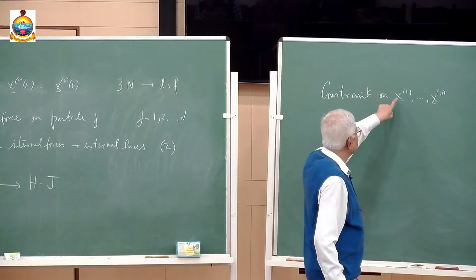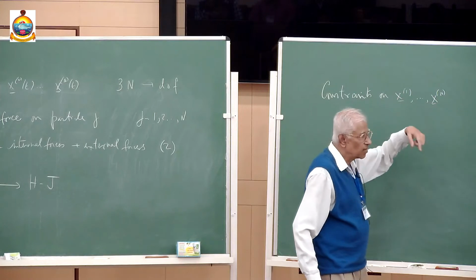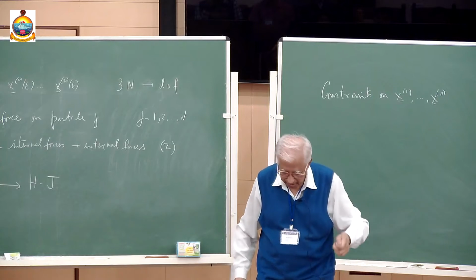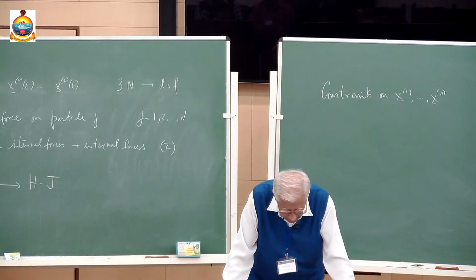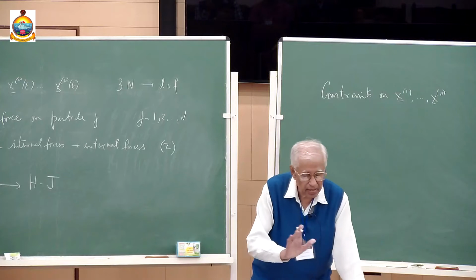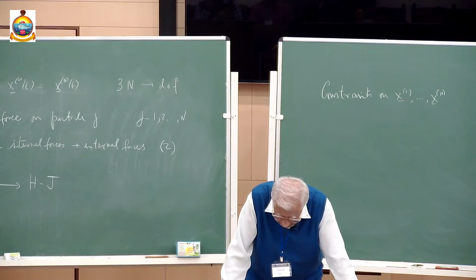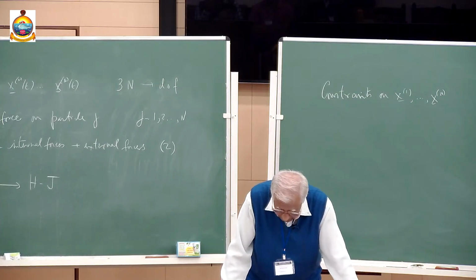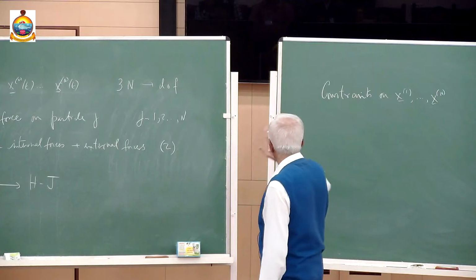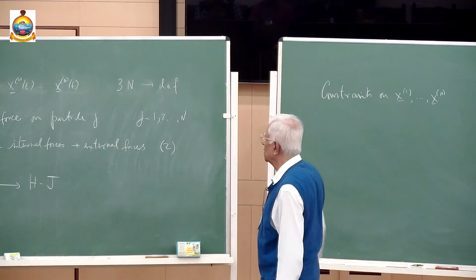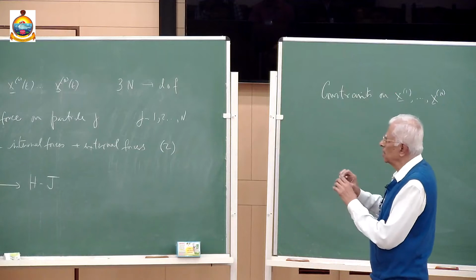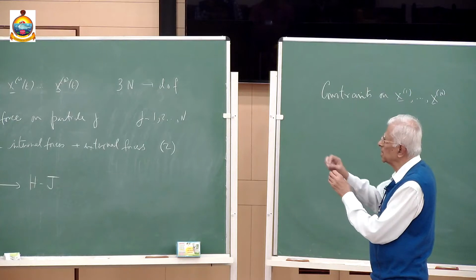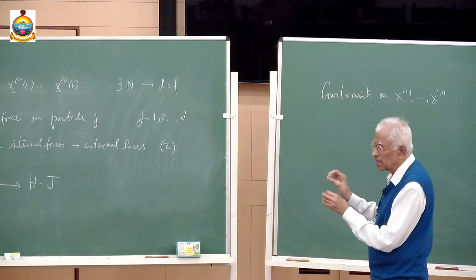Conditions which restrict the Cartesian coordinates of the system of particles at each time and nothing more. No dependence on velocities, no dependence on time. Once again, this is very well described in the Sommerfeld book. There is an important physical fact, and that is the following. Suppose you have some constraints on the coordinates, Cartesian variables, and you imagine a motion of the system from time t to t plus delta t, always obeying those constraints.